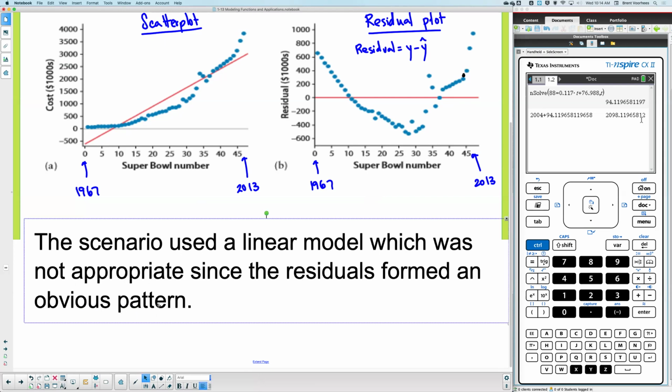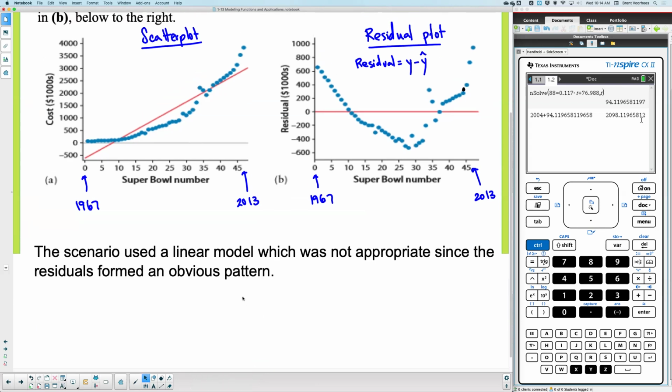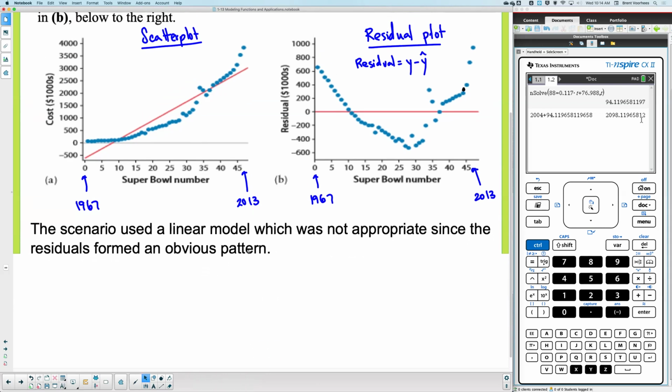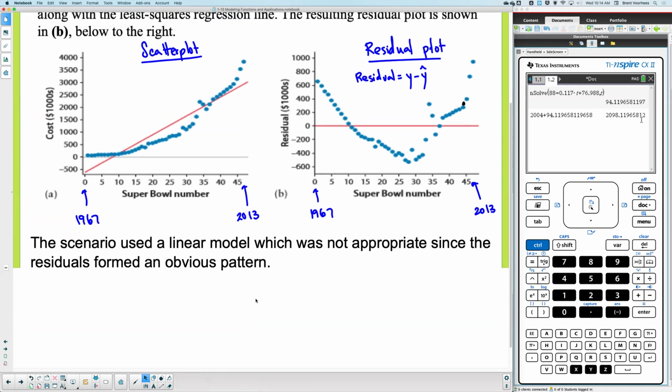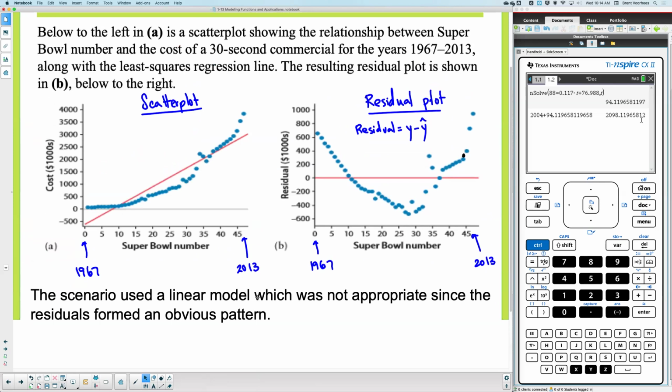Therefore, a linear model is not appropriate.